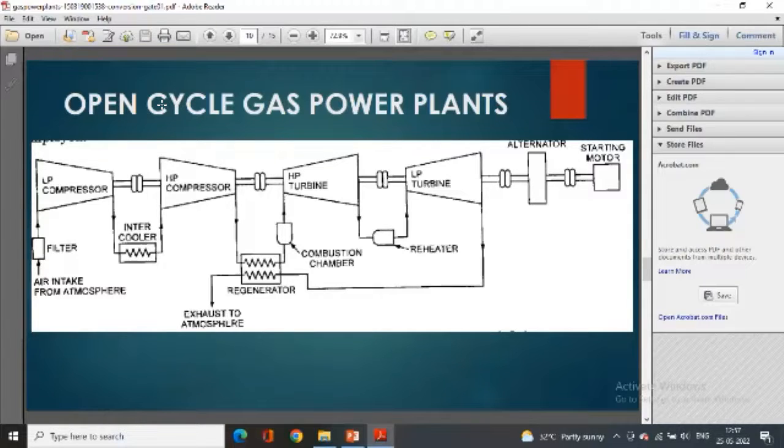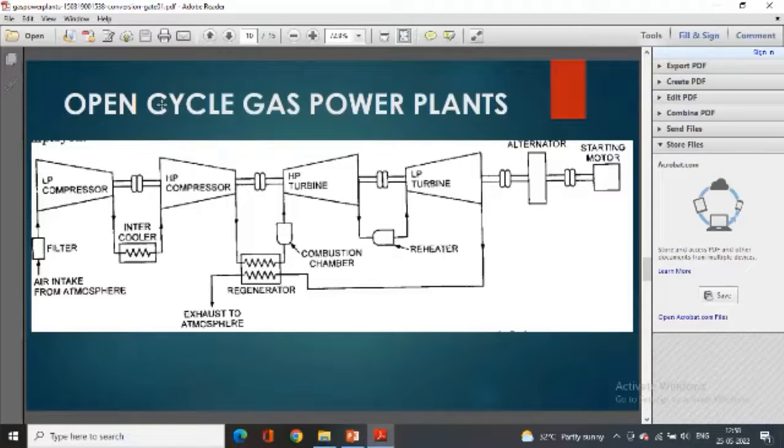Then the exhaust of the high pressure turbine passes to the reheater. In the reheater, the temperature of the exhaust gases is increased, and these gases pass to the low pressure turbine. And the exhaust of the low pressure turbine passes to the regenerator.